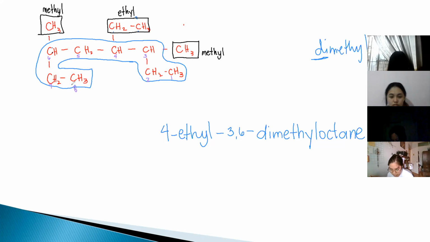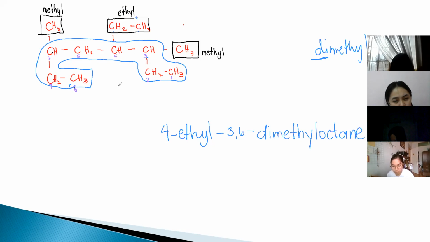Kasi kanina, if this is my carbon number 1, the next substituent after carbon number 3 is carbon number 5. Pero dito sa sinunod natin, the next substituent after carbon number 3 is nasa carbon number 4. So, siya yung may pinakamalapit na location of the substituent. So, siya yung carbon number 1.